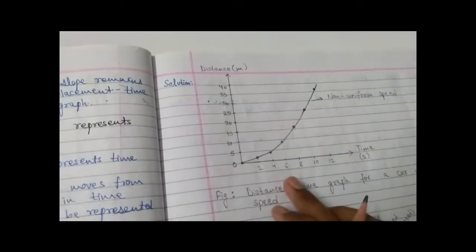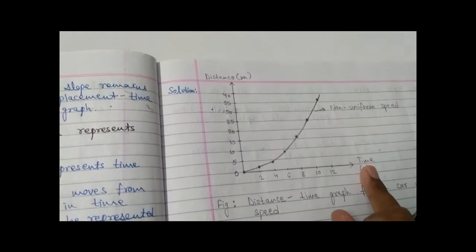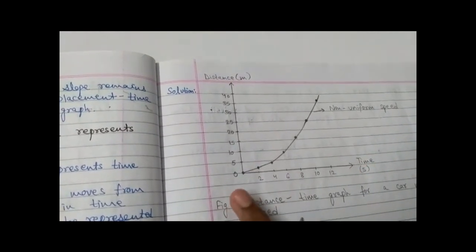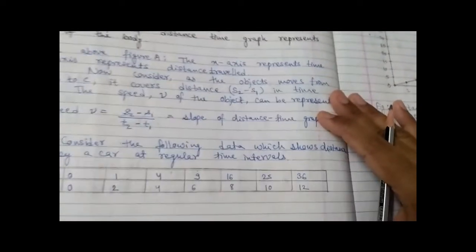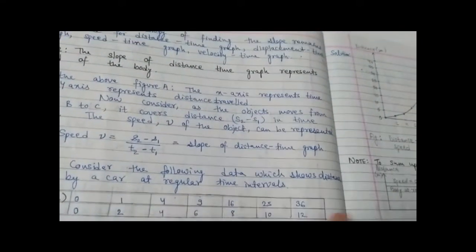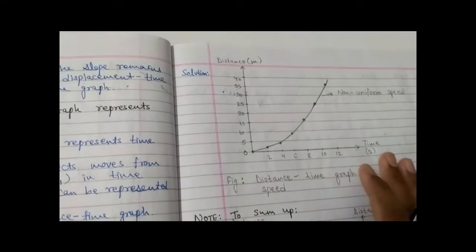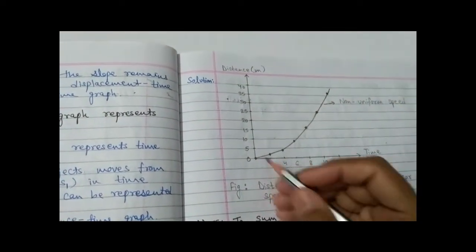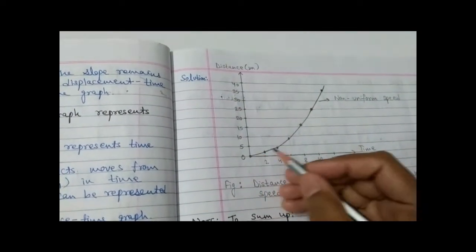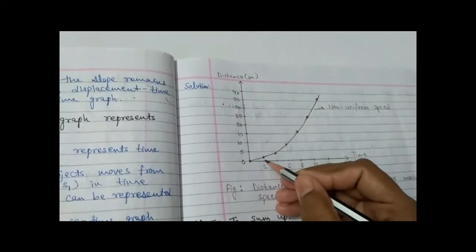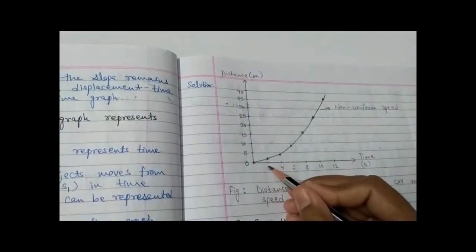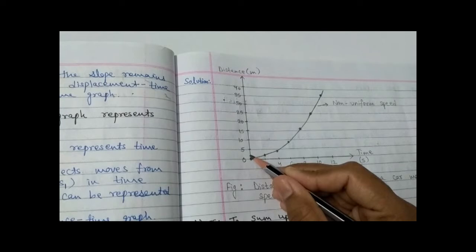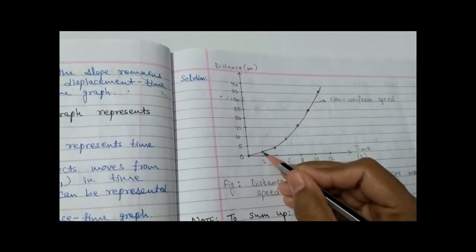Okay, and since this time axis is in the range of 0 to 12, I have plotted like this. When you plot, first one is 0, 0, so I have plotted like this. Second one is 2 second and 1 meter, so this is the 1 meter and 2 second.